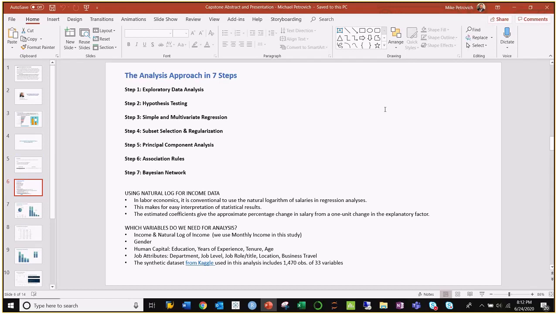The variables that I did use were income, gender, education, years of experience, tenure, age, department, job level, job role, which in other companies may be called job title, location, and whether the job includes business travel or not. So you'll notice that's not a total of 33. Those are, however, the variables of interest that you're going to see in most pay equity analysis.